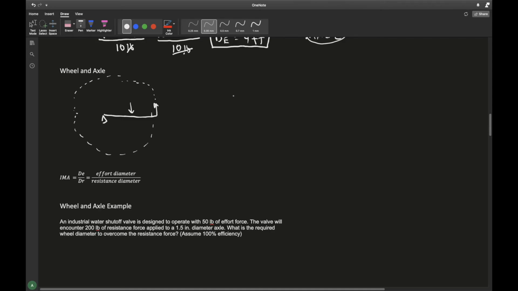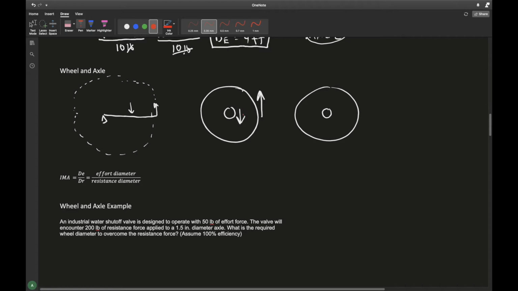And so with the wheel and axle, there's really 2 cases that you could be dealing with. So I'll draw them a little bit better out like so here. The first case could be that the resistance is towards the axle and your effort is towards the outer part of the wheel.